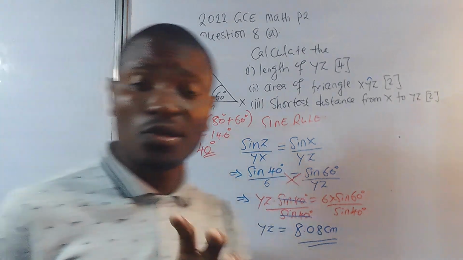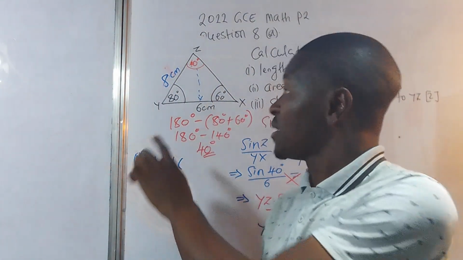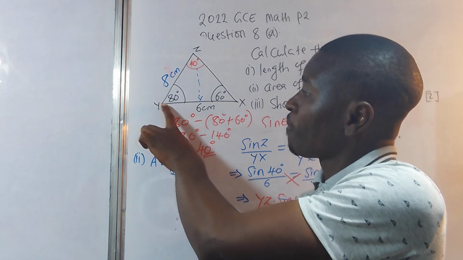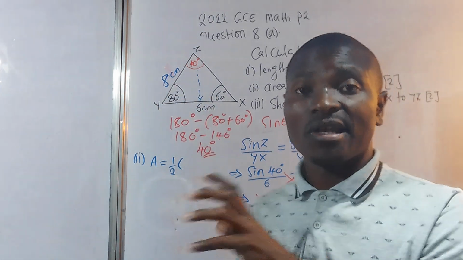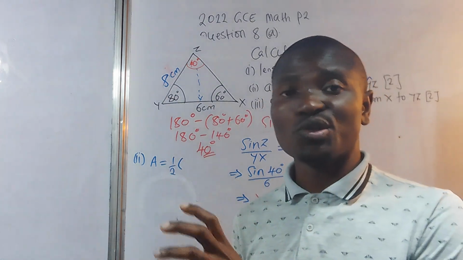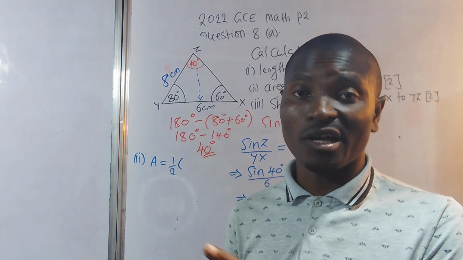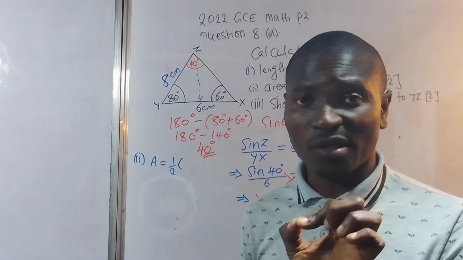So those are 6 centimeters and 8 centimeters. Those are the sides you're going to use in the formula for finding the area, given that the angle is 80. Now remember, I want you to understand one thing.